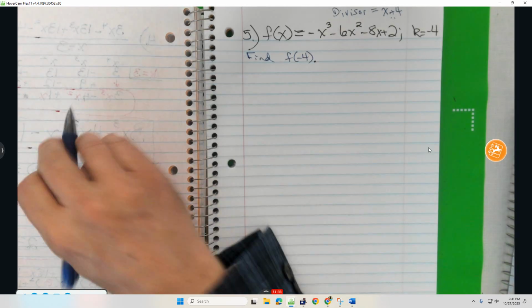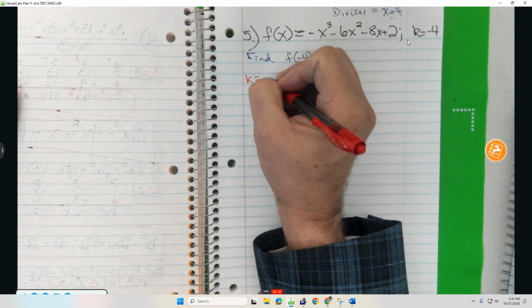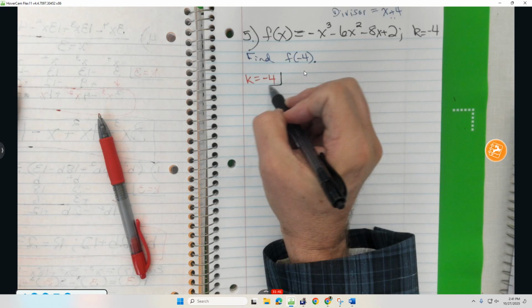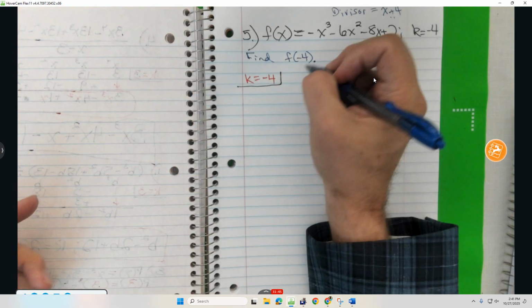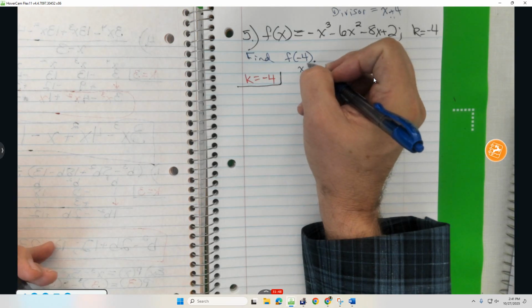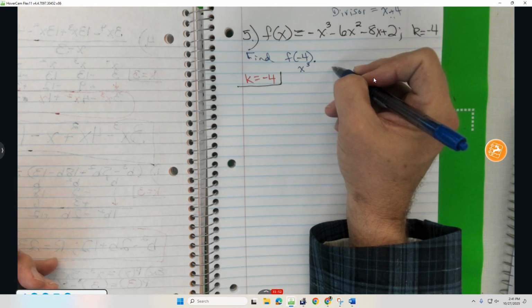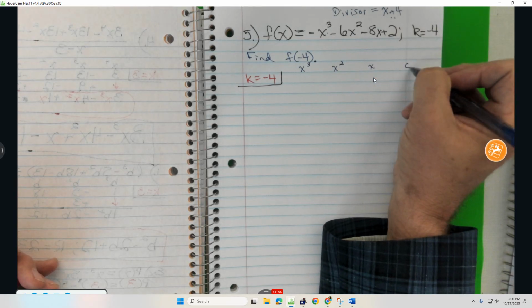But here we go. We have a k-value of negative 4. I'm just rambling. We should already be through with this problem. That's one of the problems with this. When it comes to zeros of polynomials, I could just ramble on about this all day. I could certainly use 2 weeks of classes. We have an x cubed, an x squared, an x, and a constant.